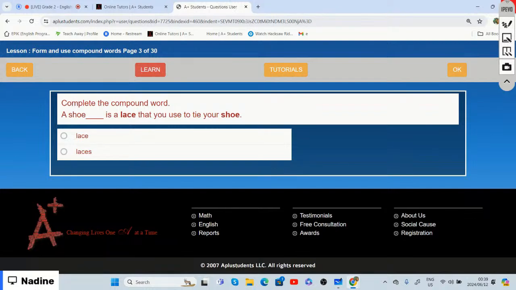Yes, well done. Which means that we can say a shoelace, which is option one for lace, because a shoelace is a lace that you use to tie your shoe. So, well done.